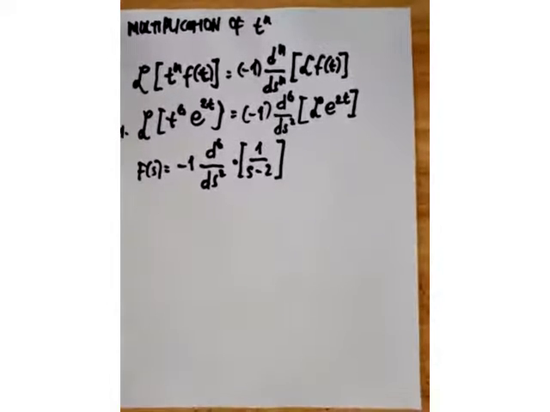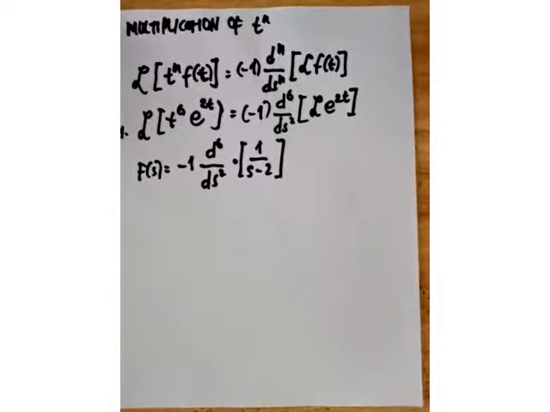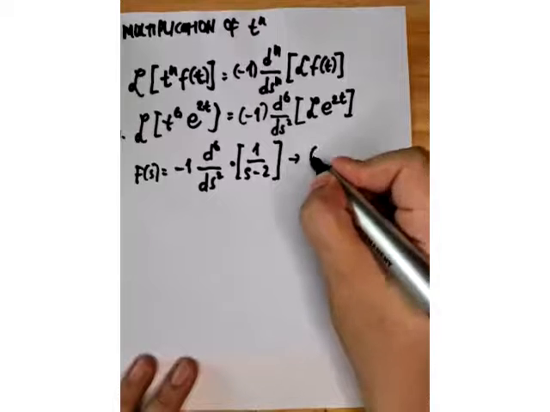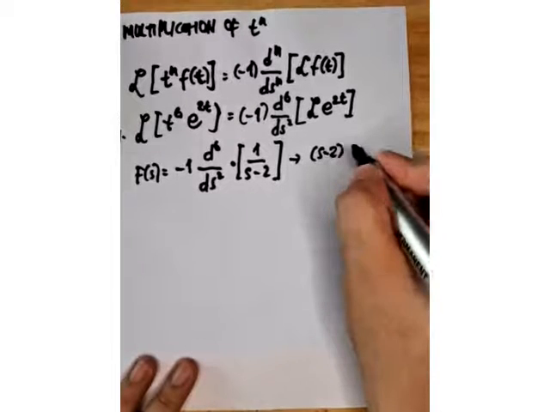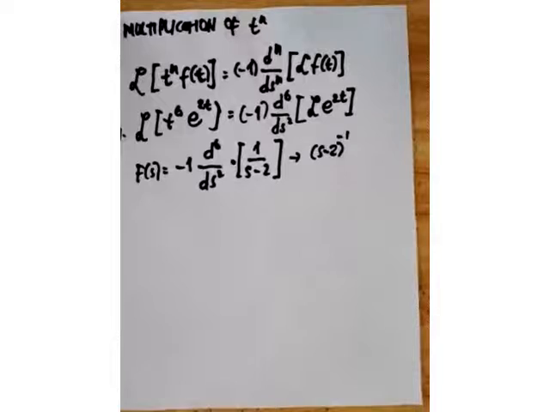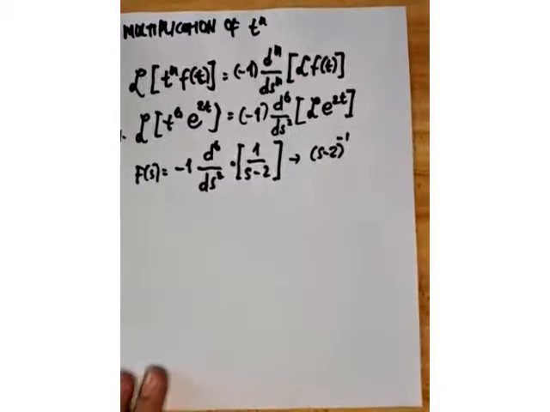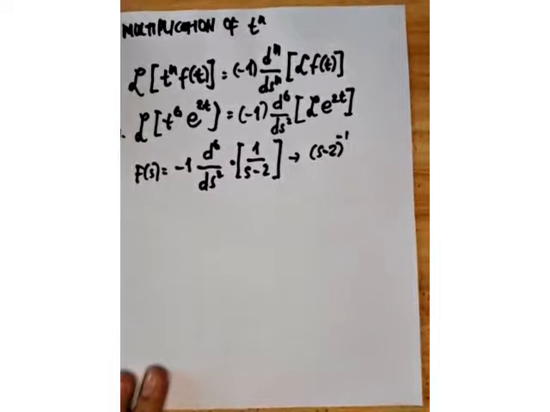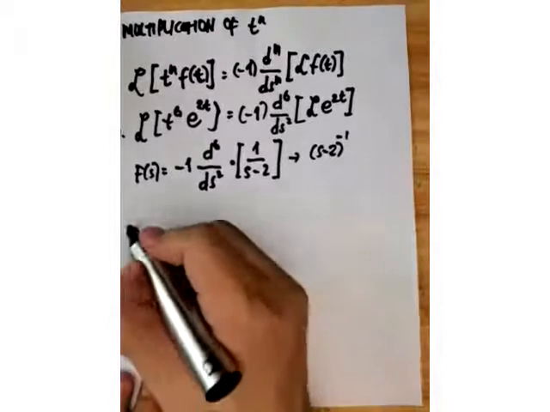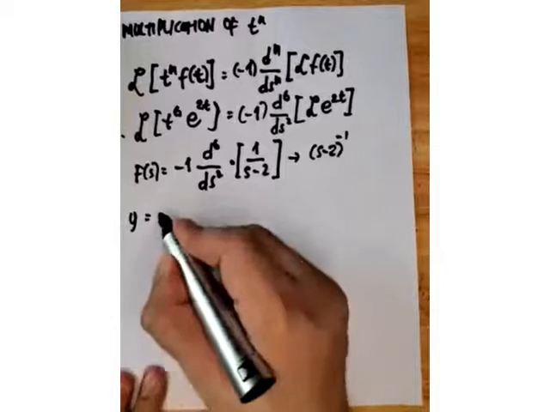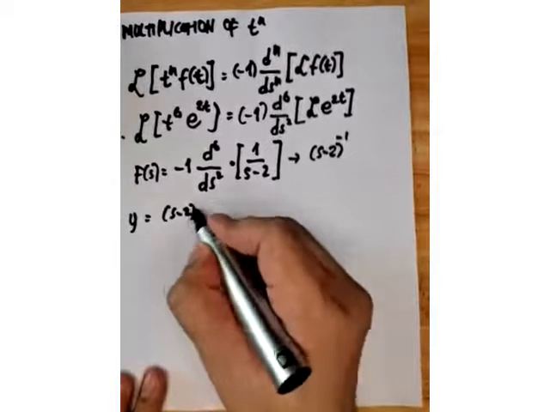Before we derive it 6 times, I'll rewrite it as s minus 2 raised to negative 1, to make it easier to derive. Now, let's get the 6th derivative of this. Let me call it y. We let y equal s minus 2 raised to negative 1.